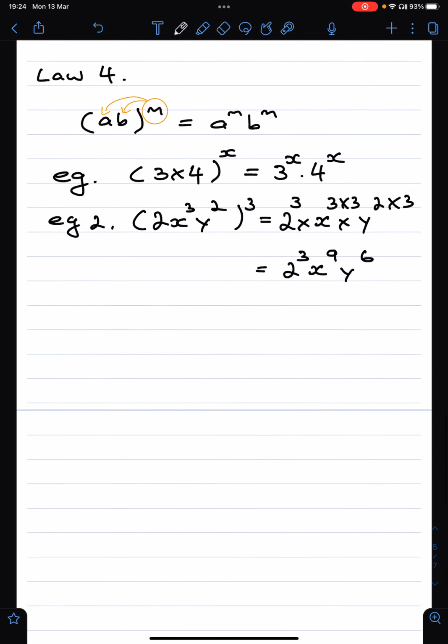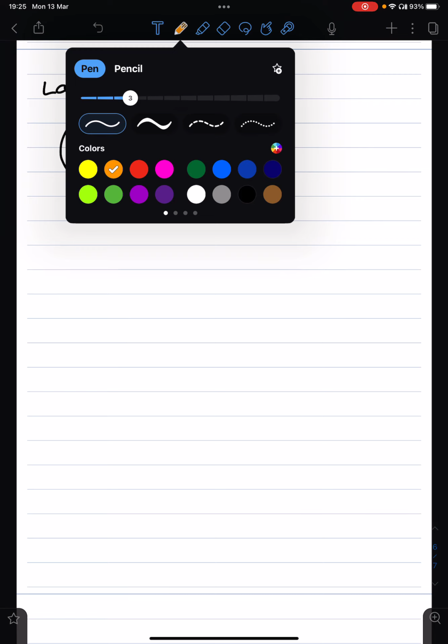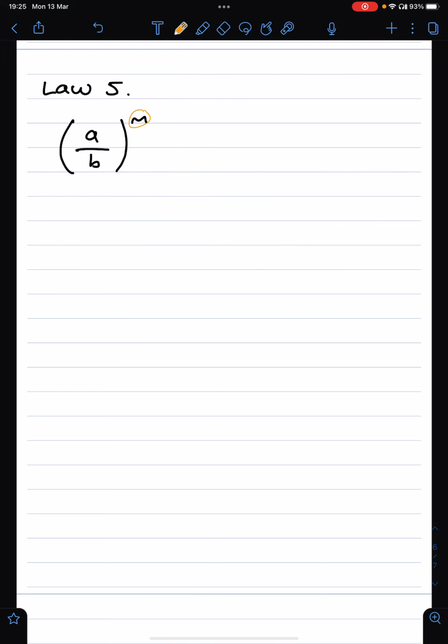Let's go over our last law. Our last law is stated as follows. If I have a bracket, a over b, close bracket, to the power of m, then what happens over here is that this m gets distributed to the top of the fraction and to the bottom of the fraction.